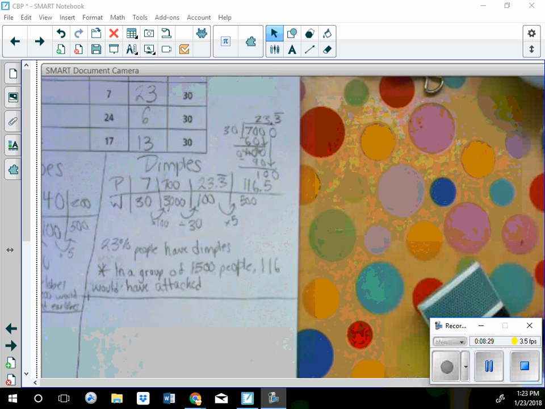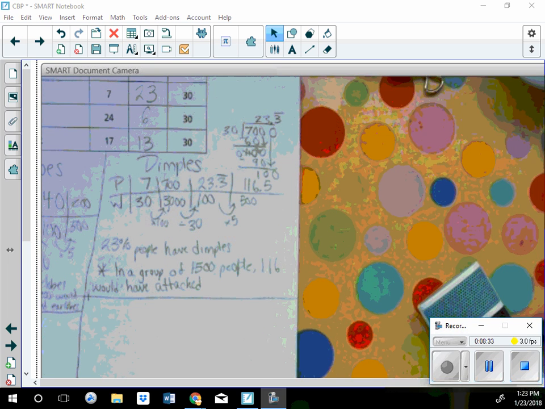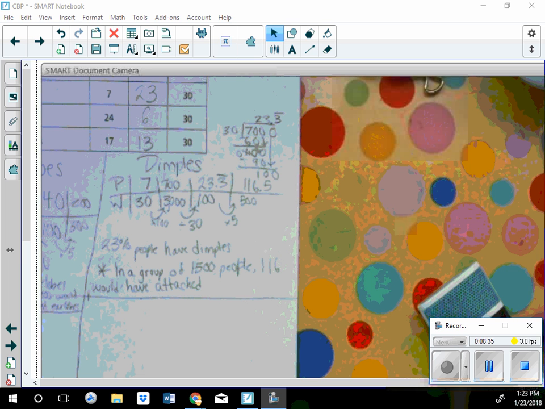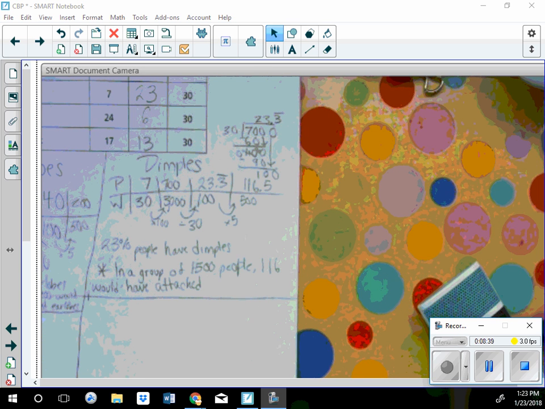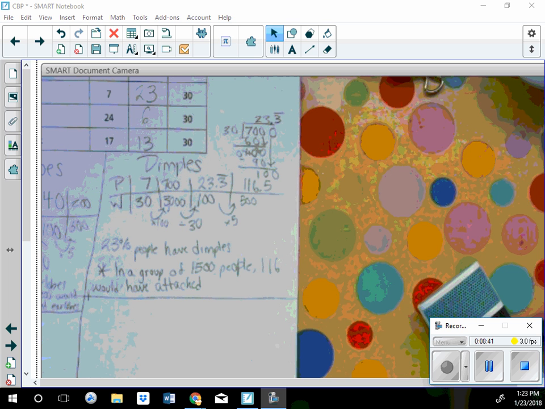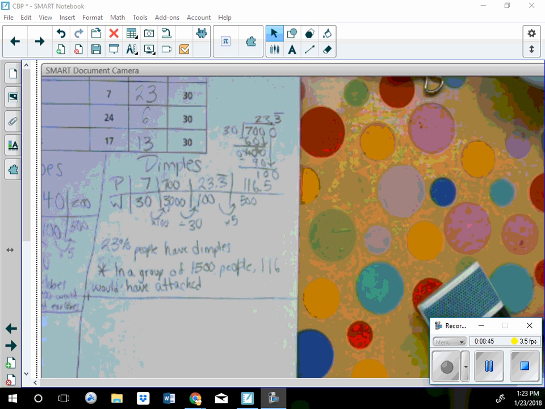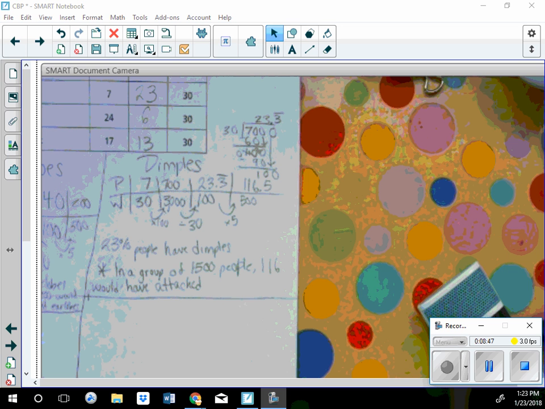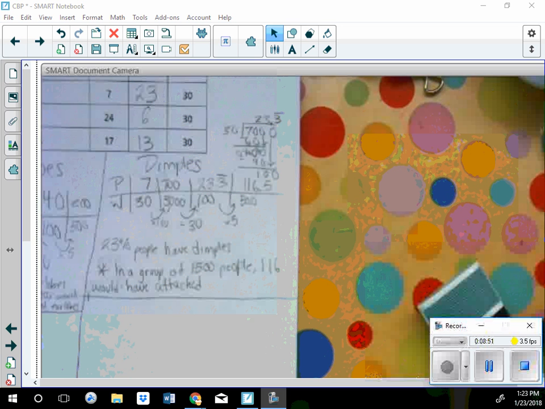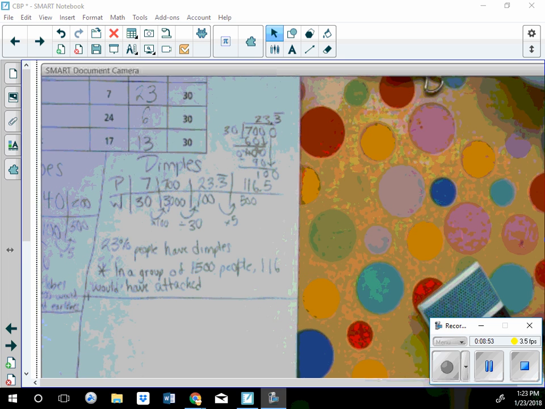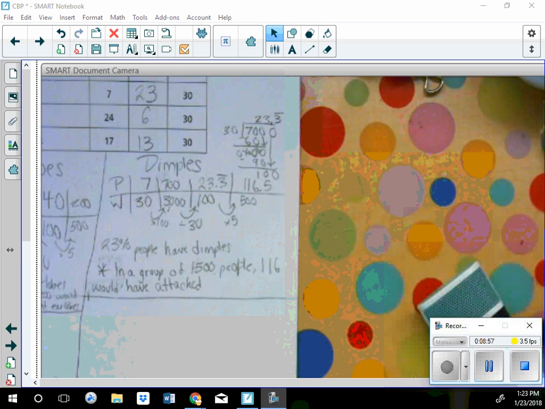We decided that you couldn't really have half of a dimple. Yeah, half a person. So we decided to do 116. We wrote at the bottom, 23% of people have dimples, and in a group of 500 people, 116 people would have dimples. You're fine. Crew, I would have taken 116 or 117.